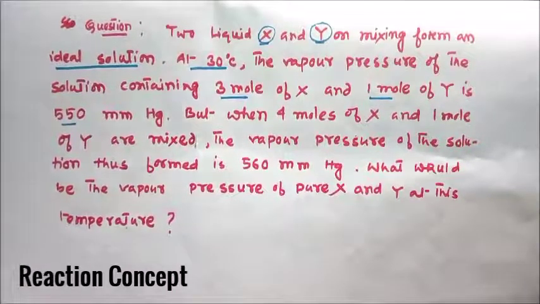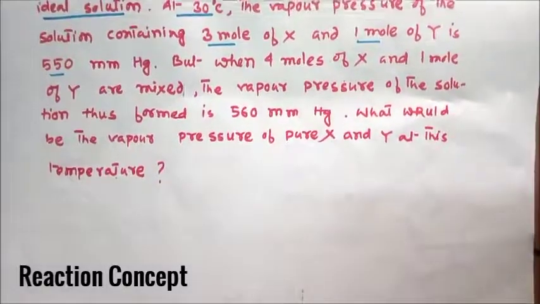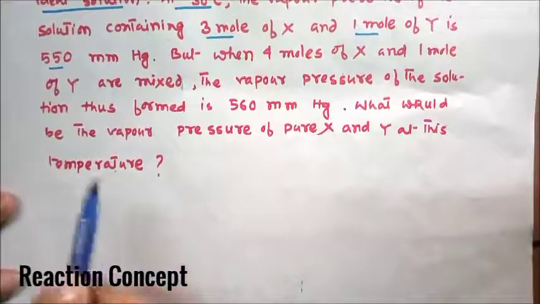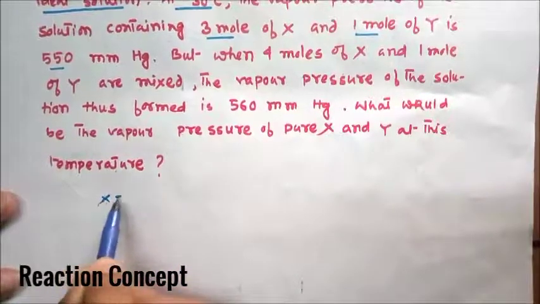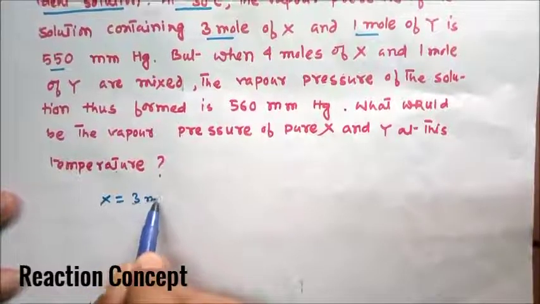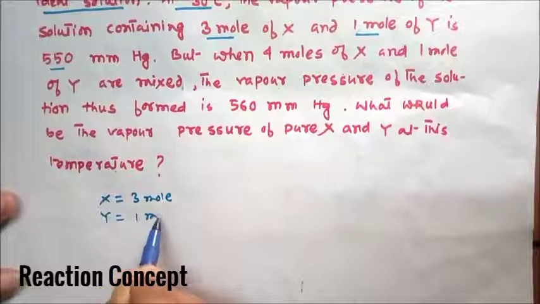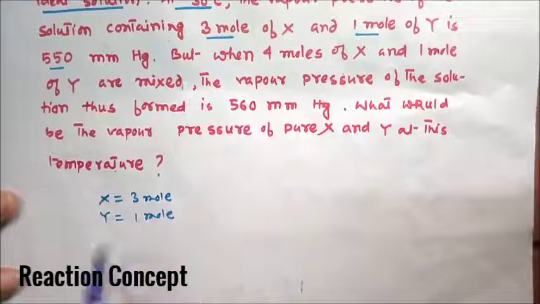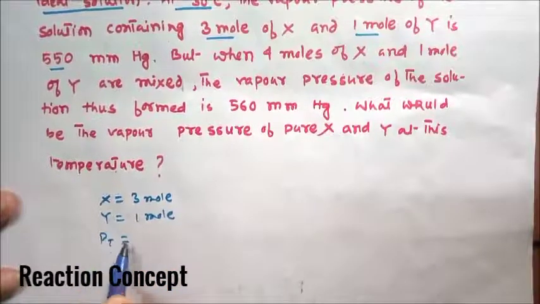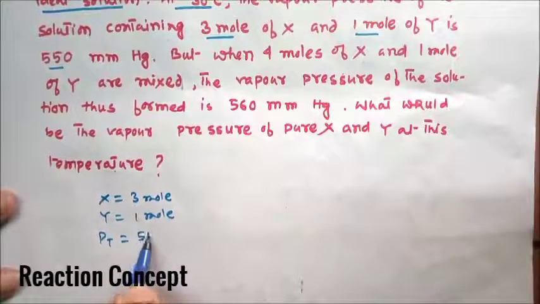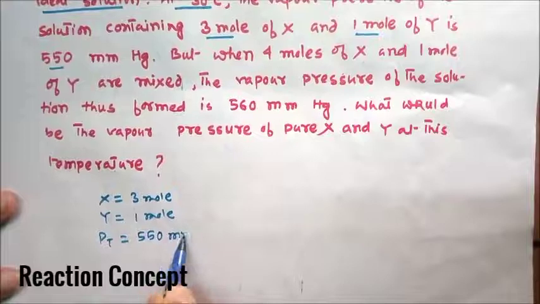So what are the two conditions given in the question? It is said that at 30 degrees Celsius, when you add 3 mole of X and 1 mole of Y, then the total vapor pressure becomes 550 millimeter of mercury.